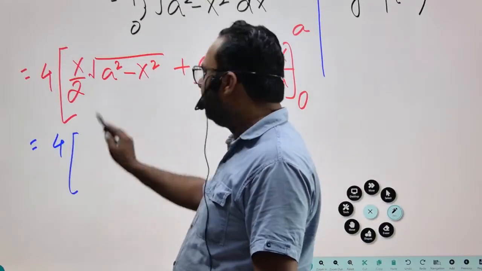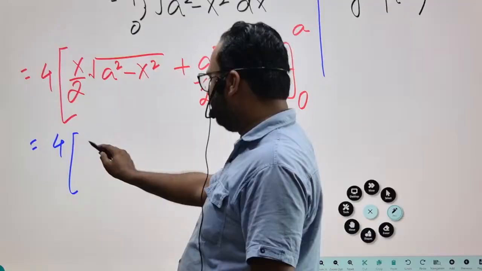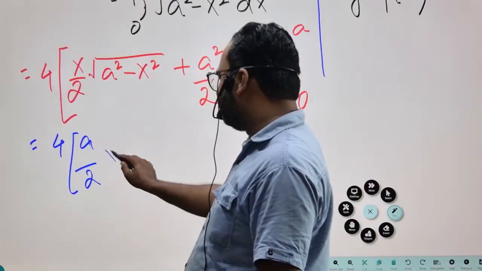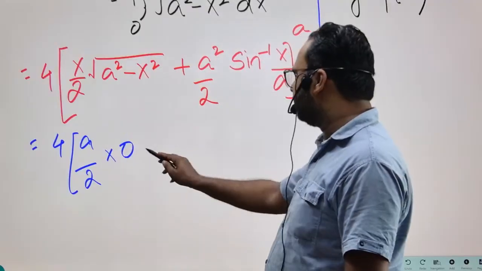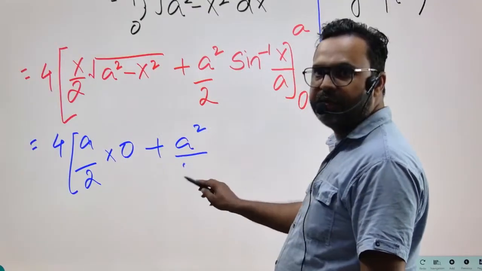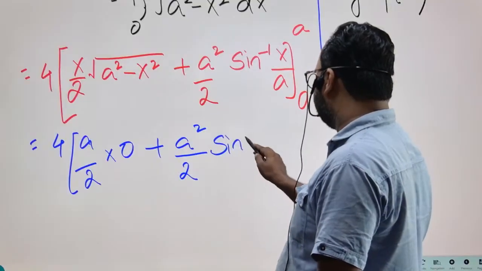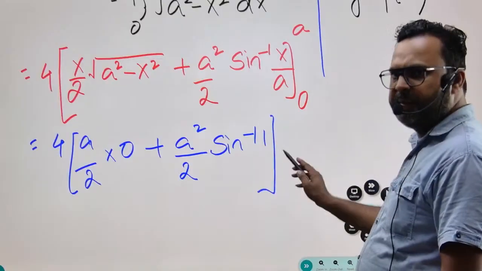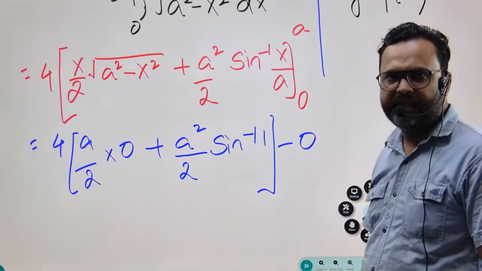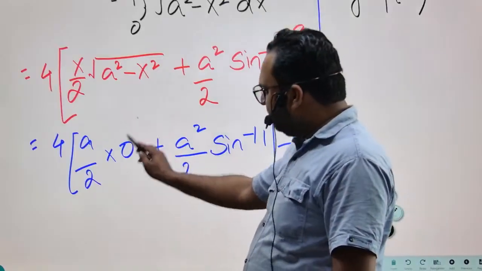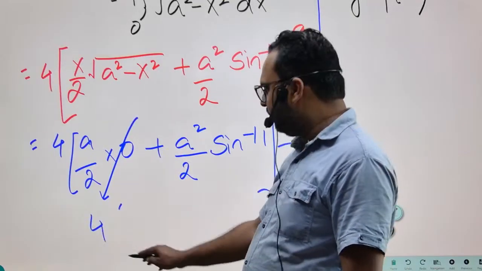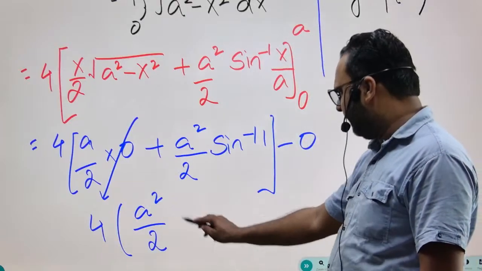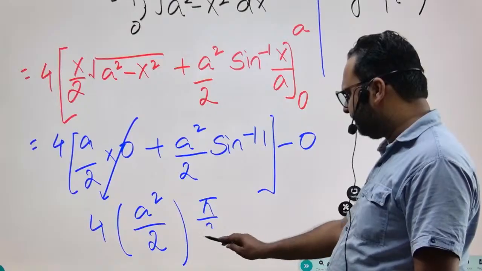For the upper limit x is a, so it will be a by 2 root of a square minus a square, which is 0, plus a square by 2 sine inverse of a by a, which is 1, minus 0. This term will be 0. So it is 4 a square by 2 times pi by 2.